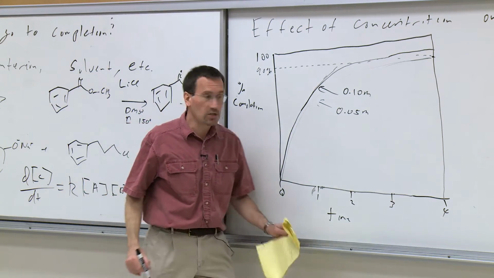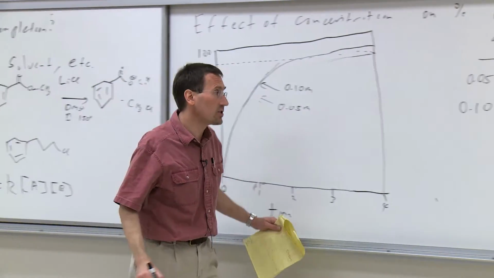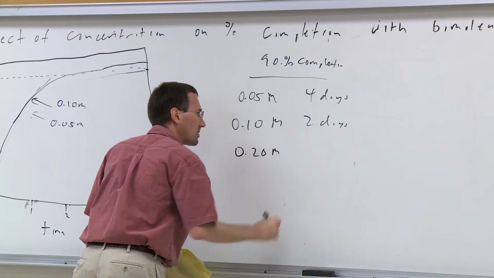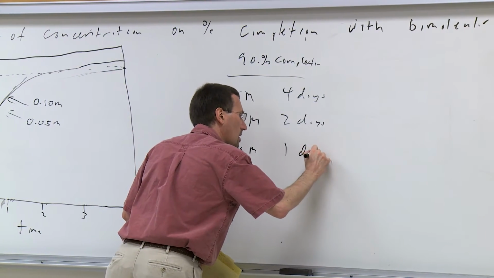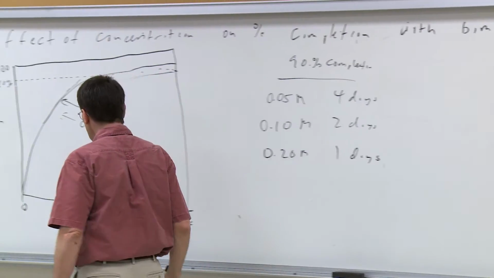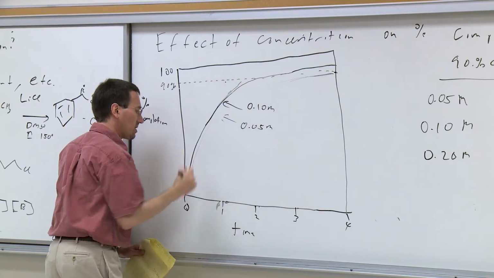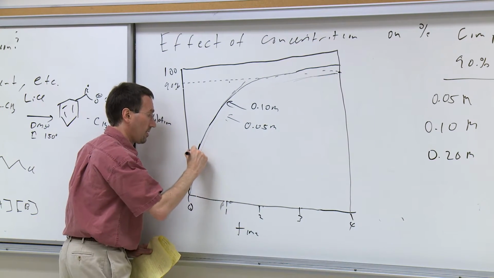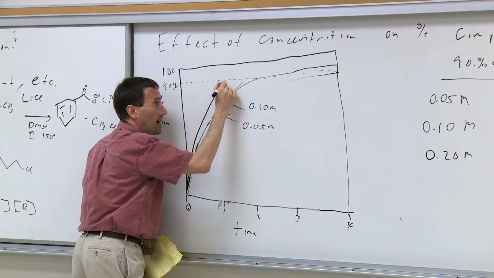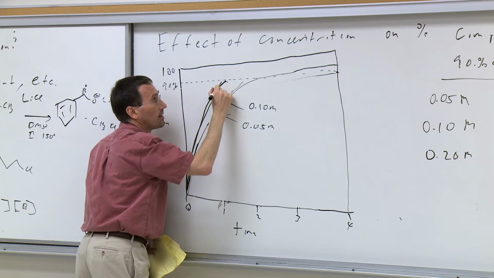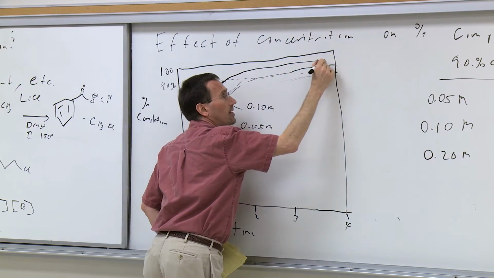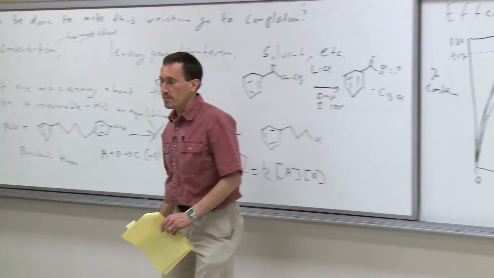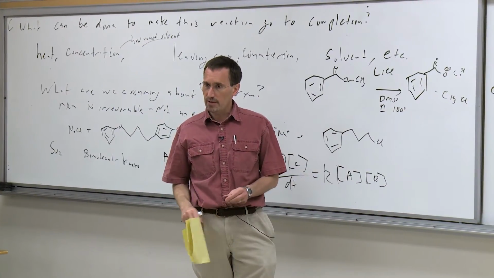And if I ran this reaction twice as concentrated still, in other words, only in 5 mLs of solvent, and assuming it was bimolecular kinetics, then you would expect us to reach that 90% point in 1 day. And so by the time you're 4 days out, you're well on your way to being at least acceptably completed.